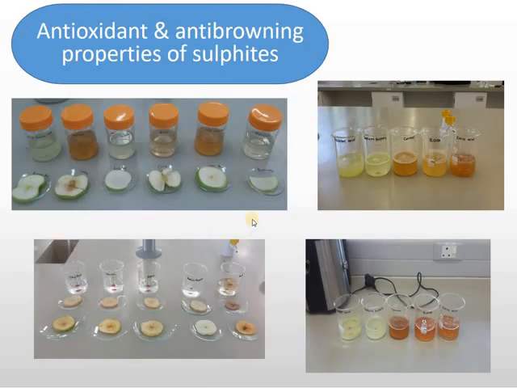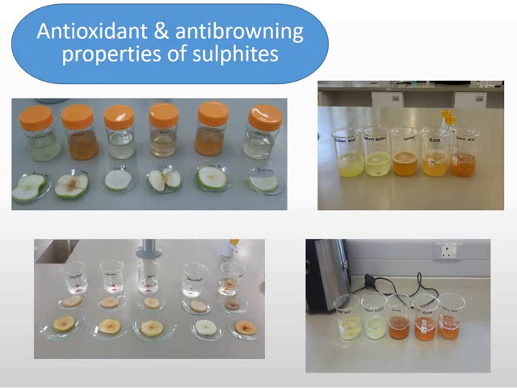Okay, so this is just pictures showing different types of, it's a practical that we did in third year, but what I wanted to just highlight is the use of sulfites as antioxidants and anti-browning agents in vegetables and fruits.